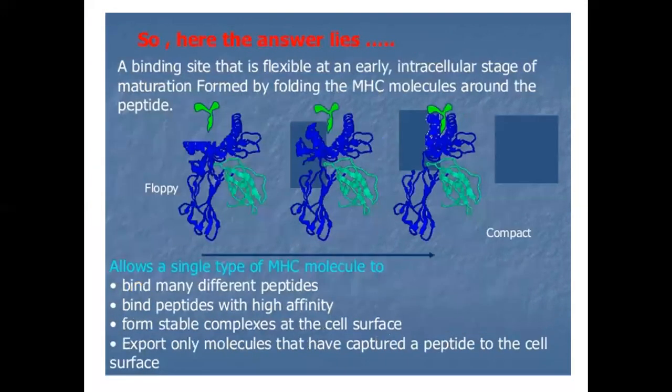The binding site is flexible at an early intracellular stage of maturation, formed by folding the MHC molecules around the peptide. This allows a single type of MHC molecule to bind many different peptides with high affinity, form stable complexes at the cell surface, and export only molecules that have captured a peptide to the cell surface.